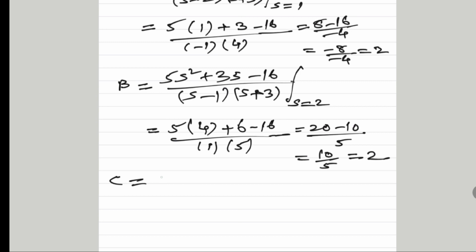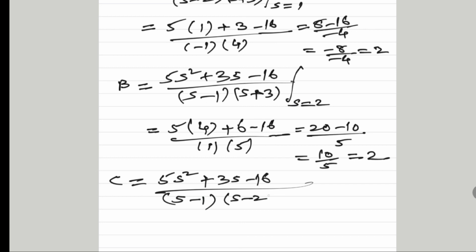We get the value of C as 5s square plus 3s minus 16 divided by the remaining terms, which are s minus 1 and s minus 2, at s is equal to minus 3.